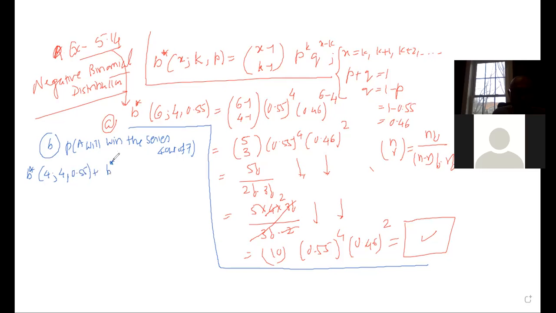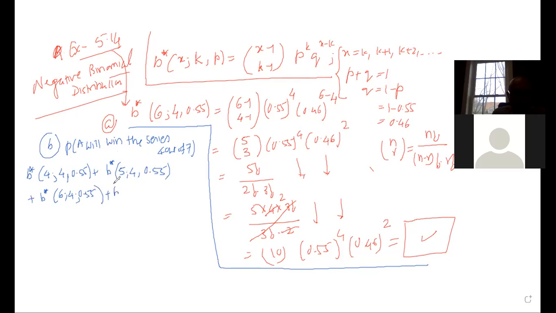Plus, it could be possible that out of 5 games, team A is losing 1 game. So 5 games are being played, and out of these, 4 games are won by team A, and the probability is 0.55. It could also be possible that out of 6 games, 2 games are lost by team A, and they are winning 4 games, 0.55.